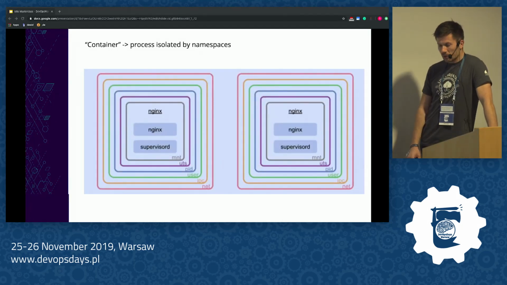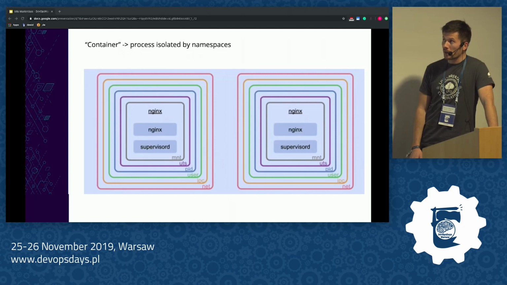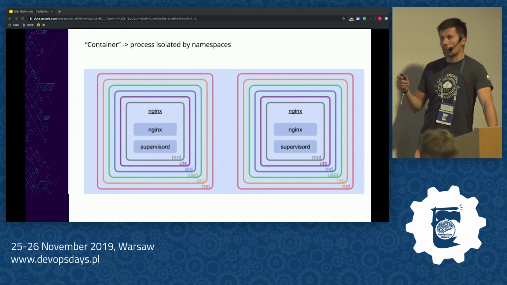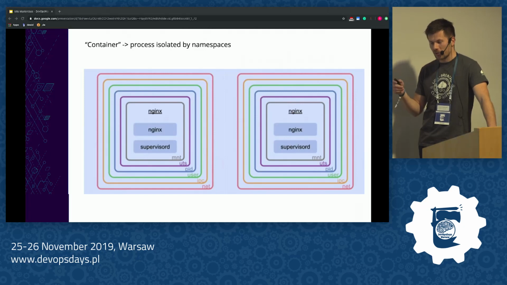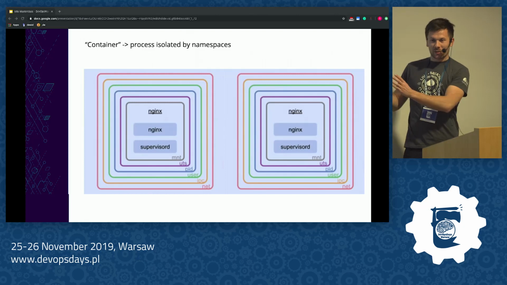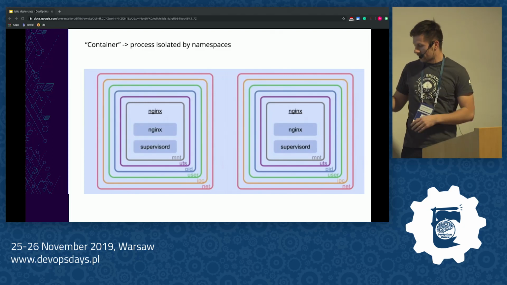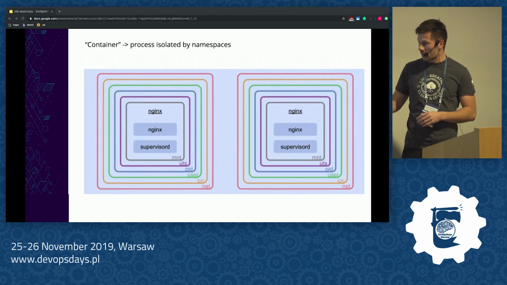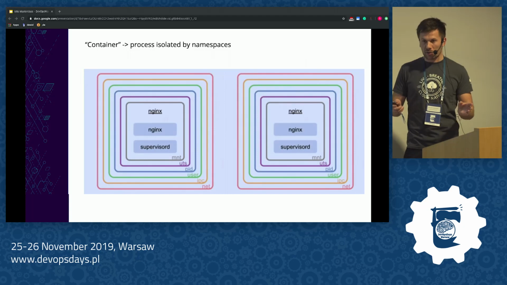So in order to create a Docker container, let's say, you need to instruct the Linux kernel to apply a few namespace isolations. You have a few namespaces in the Linux kernel which can isolate some things. So the network namespace can isolate network, the IPC namespace can isolate inter-process communication, the user namespace can isolate users, and so on and so on.